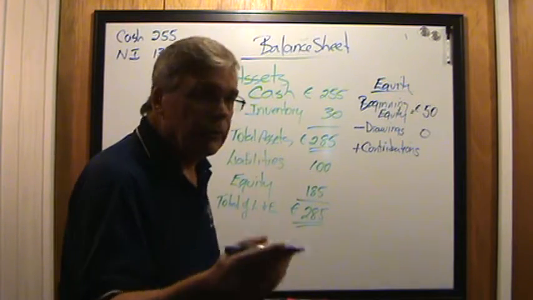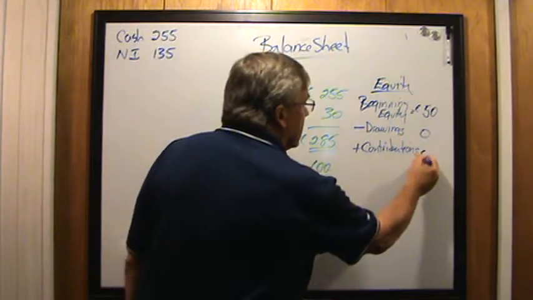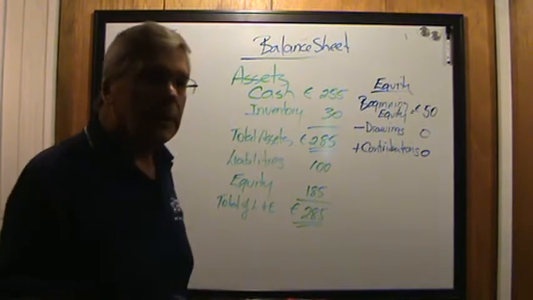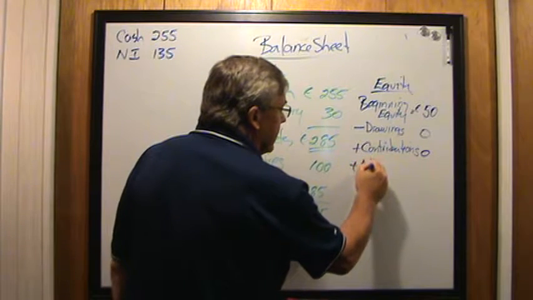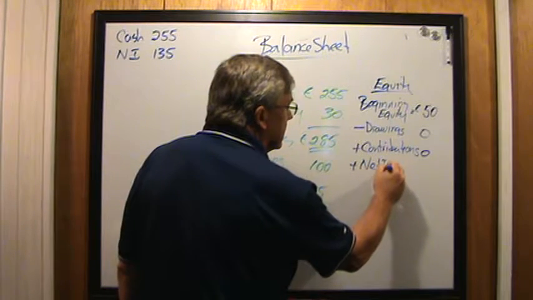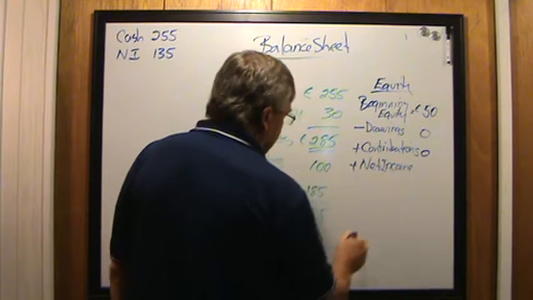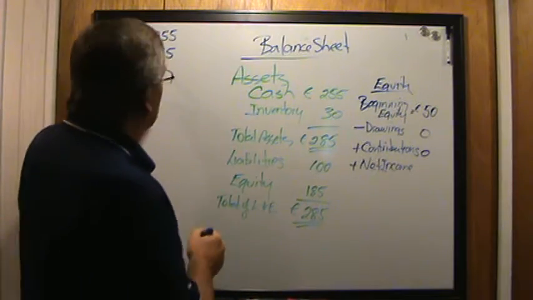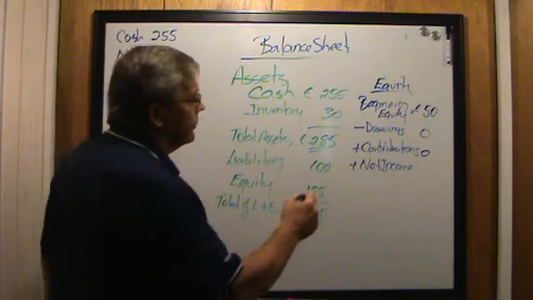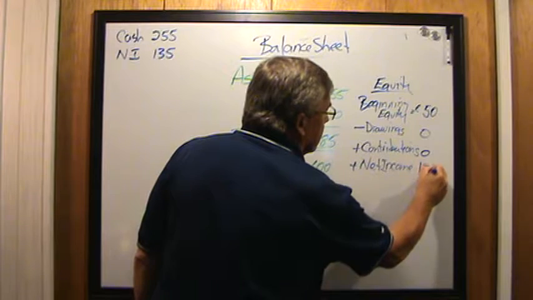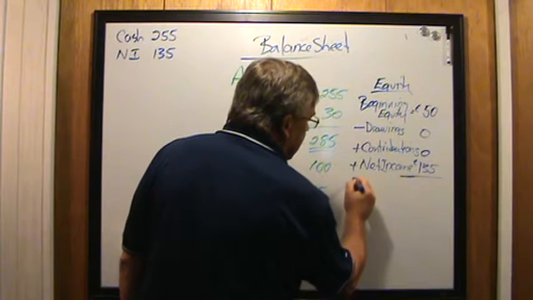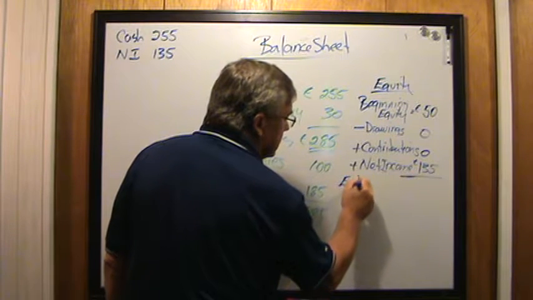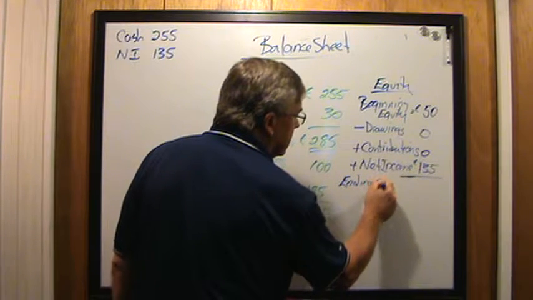In this case, that too is zero. And finally is net income. So you add net income. And in this case, net income was 135 euros. So 135 euros here. Add that up to get ending equity, which is what we're looking for.